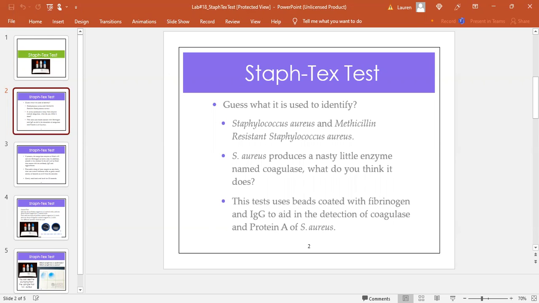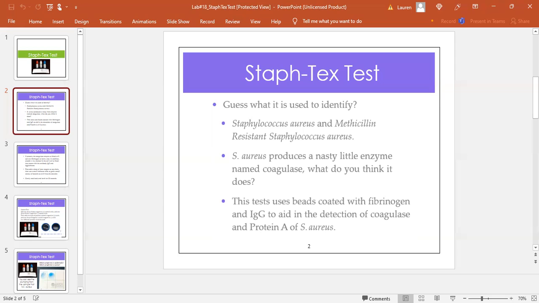Now we also have in this mixture fibrinogen coming in. Now fibrinogen is going to be cut down by the coagulase, and the fibrinogen is just going to turn into fibrin. So now S. aureus is interacting with our solution, and it's coagulating.